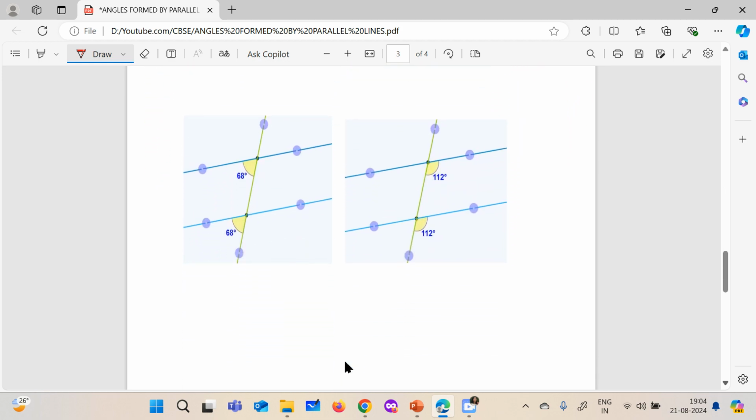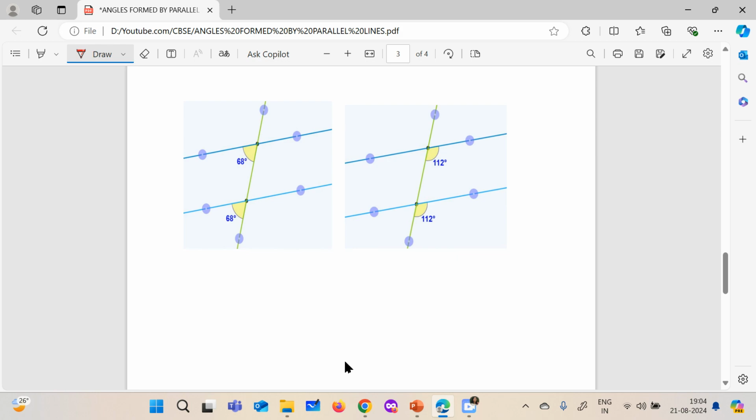Now you can see another pair of parallel lines and the corresponding angles formed. Here again, we have the same L shape, right? The angles formed here on one side of the transversal line are the corresponding angles.